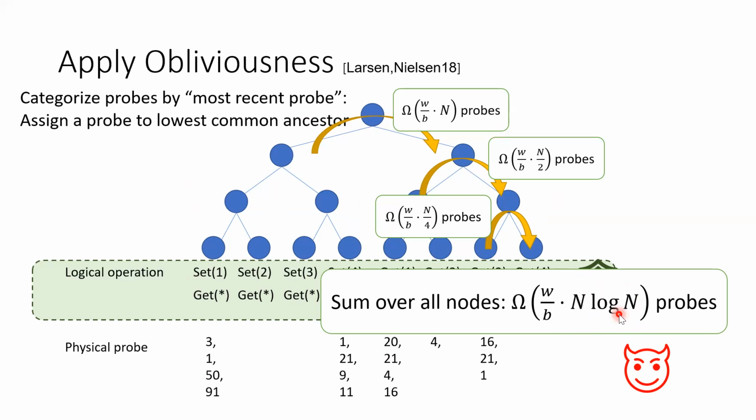And the log n comes from the height of the tree. The tree is binary, so the height of the tree is just log n. And this W over B factor comes from our easy lower bound. And this is exactly the result and the proof of Larsen and Nielsen.